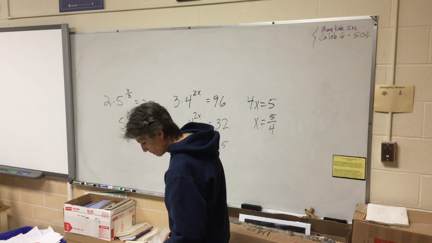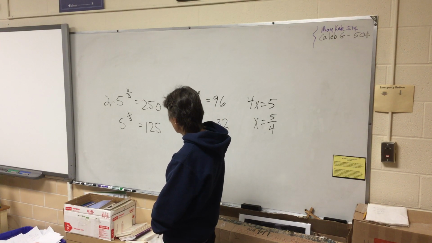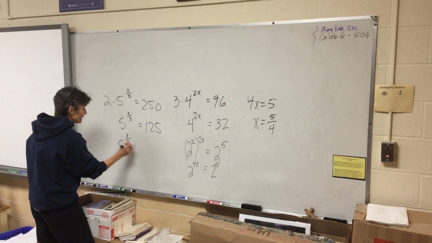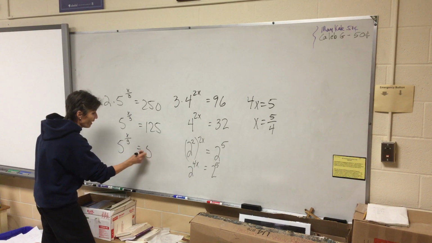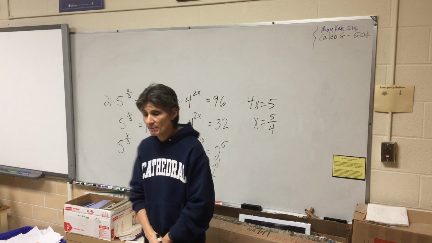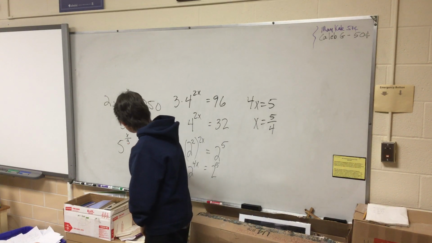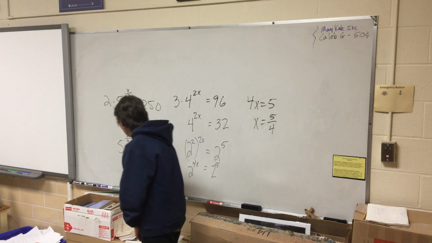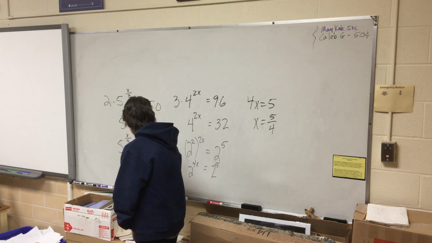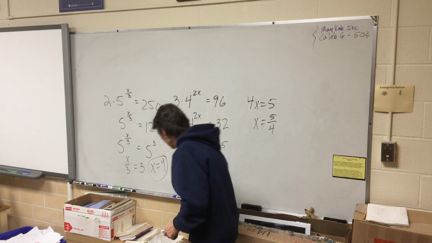What will be our common base this time? 5. Yeah, because this side's already 5, and this side, 125, is 5 cubed. 5 times 5 times 5 is 125. Once the bases match, you can go ahead and set the exponents equal. So it looks like our answer is x equals 9.